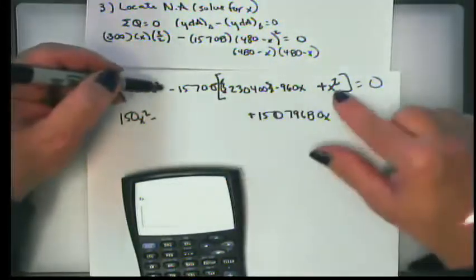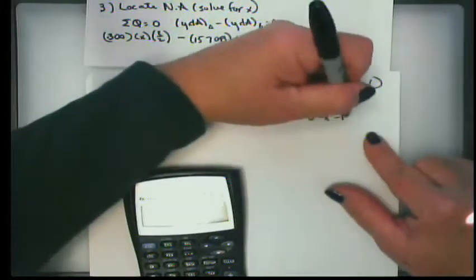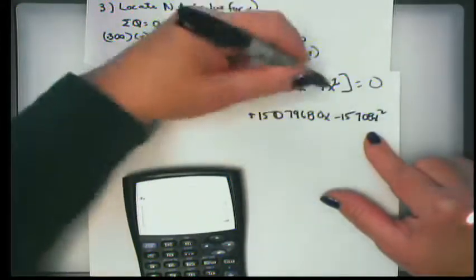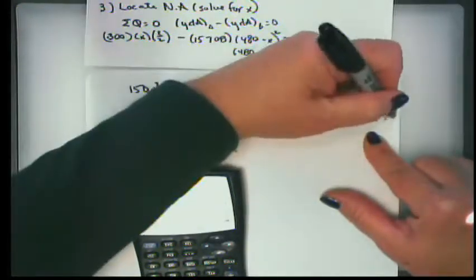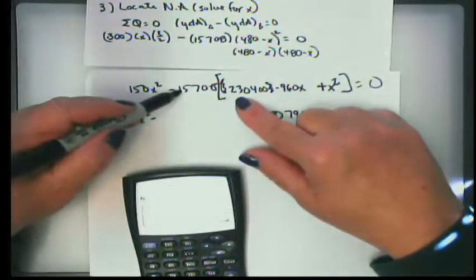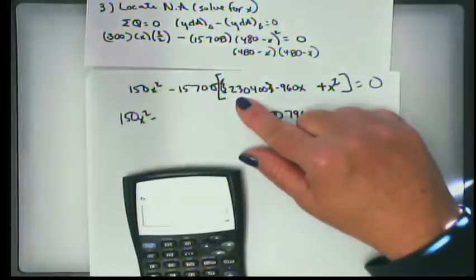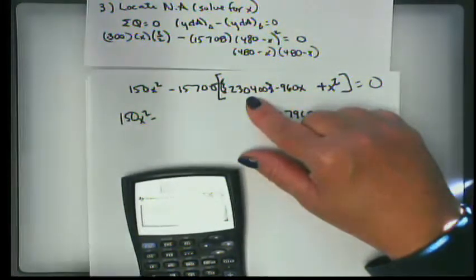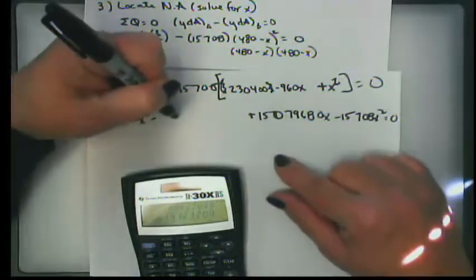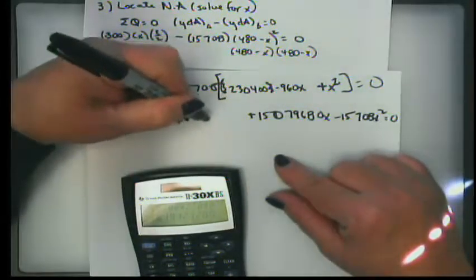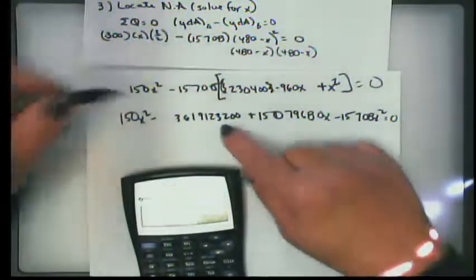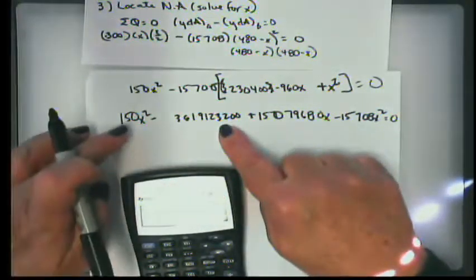And then right here, I'm going to have minus 15708x squared. It's minus equals 0. And then I have 15708 times 230400. And that value is 3619123,200. Okay, so this is my constant.